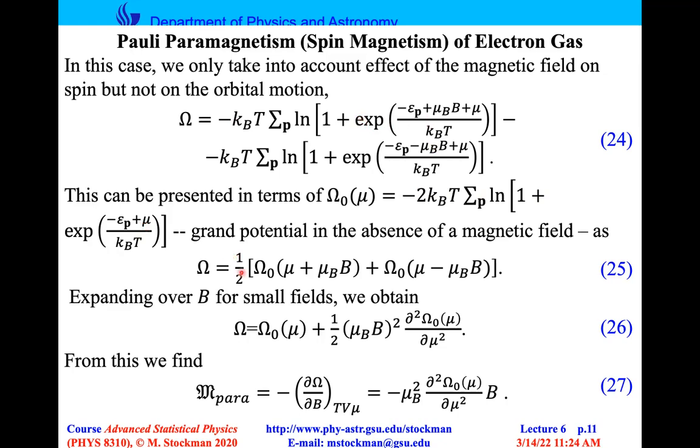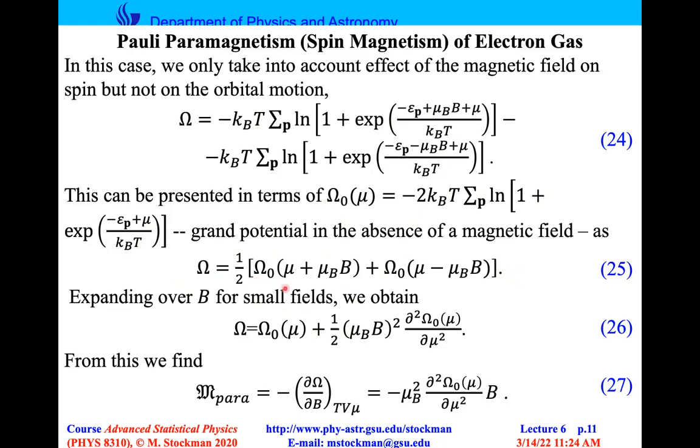And this term is nothing else but omega naught where mu is shifted by plus mu B B, in this term, or minus mu B B, in this term, and the factor 1/2 takes into account this kBT, not 2 kBT. So this is the Landau potential of the spin reaction of the electron gas to the magnetic field.